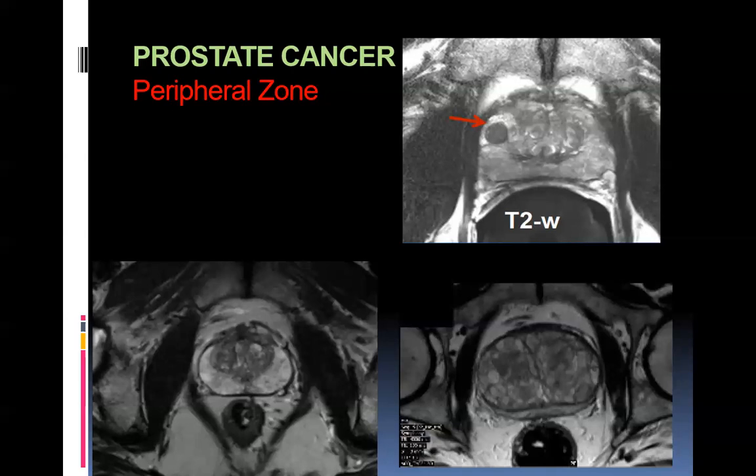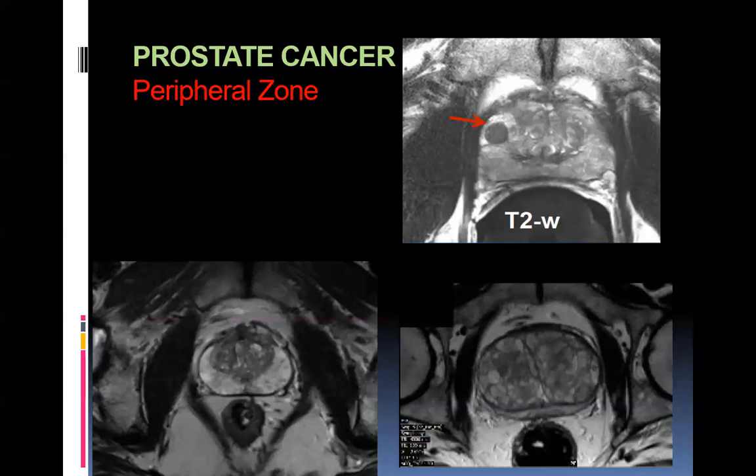So remember, these lesions are going to be low signal. The adenocarcinomas are going to be low signal on T2 weighted images. They take up contrast and they would show restricted diffusion on MRI. So these three parameters are the ones which decide what sort of PI-RADS category it is. I cannot go into more detail.